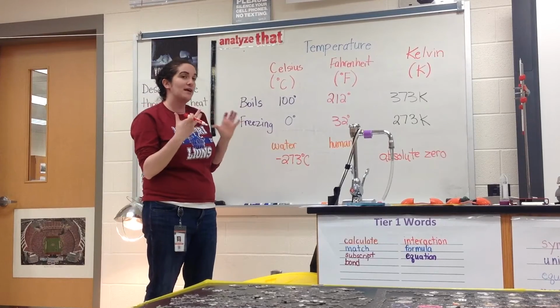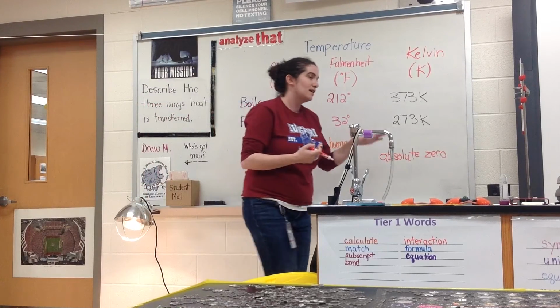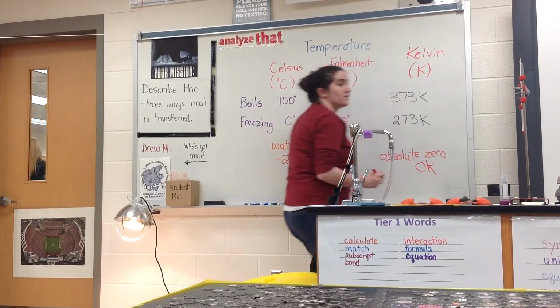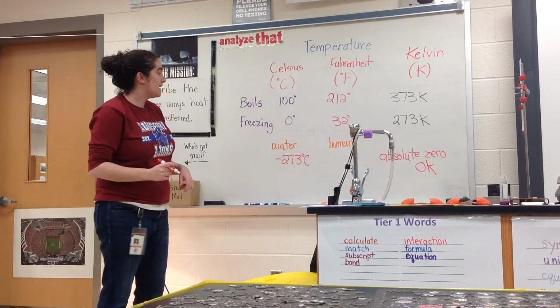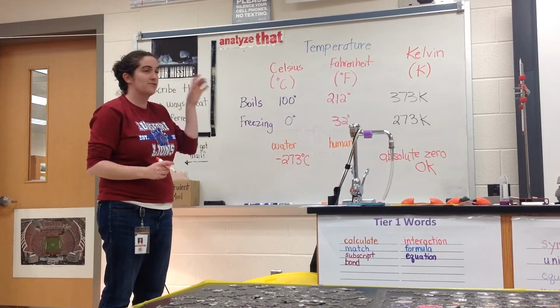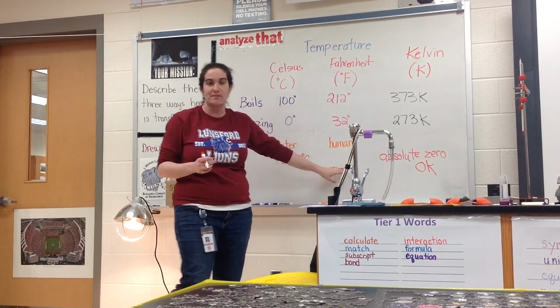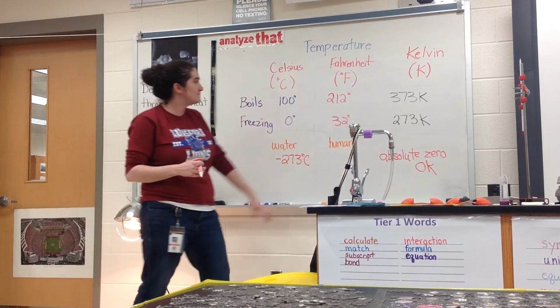But the lowest possible temperature that we think exists on Kelvin is absolute zero. It's just 0 Kelvin. And then it's like negative 400 and something for Fahrenheit, and you can look that up in the textbook. I'm sorry, I don't know it off the top of my head.